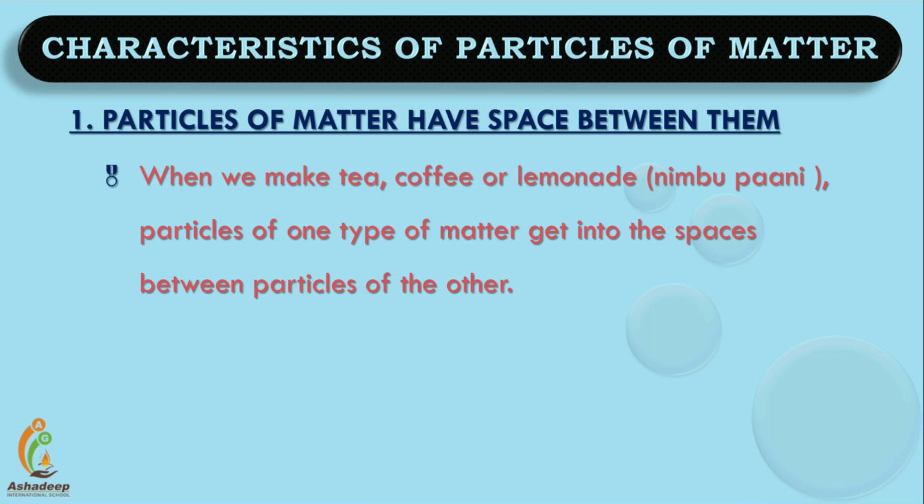Now in this case, liquid also has a small space between the particles. So lemon juice and water are both liquids, therefore they both can sit between the particle space, as well as salt and sugar will also sit between the space of the particles of water.